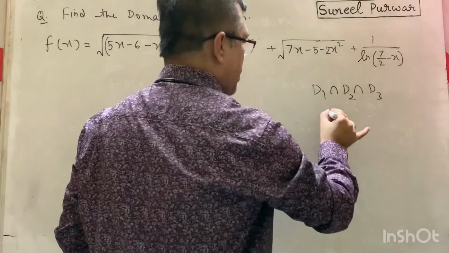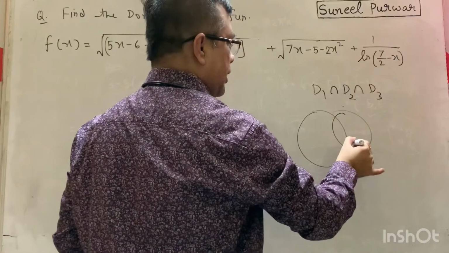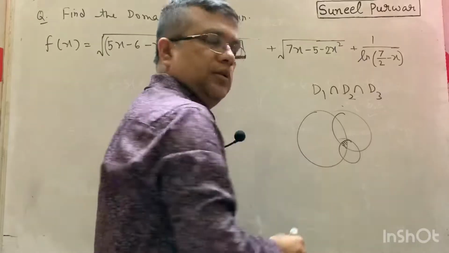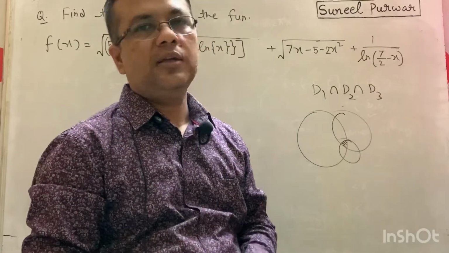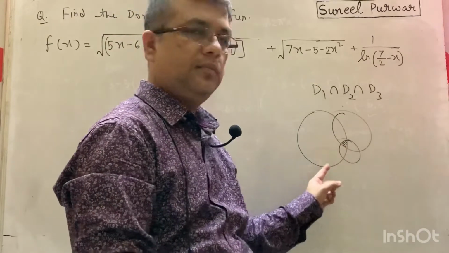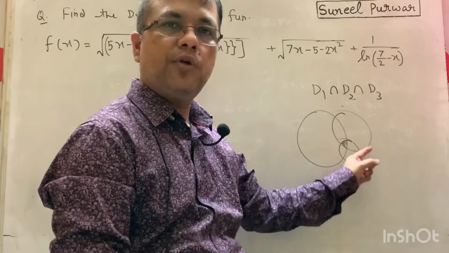And when you are dealing with three sets, this is the intersection of those three. So intersection is always lesser than the smallest set. Is it or not? Intersection of three sets is always lesser than the smallest set.